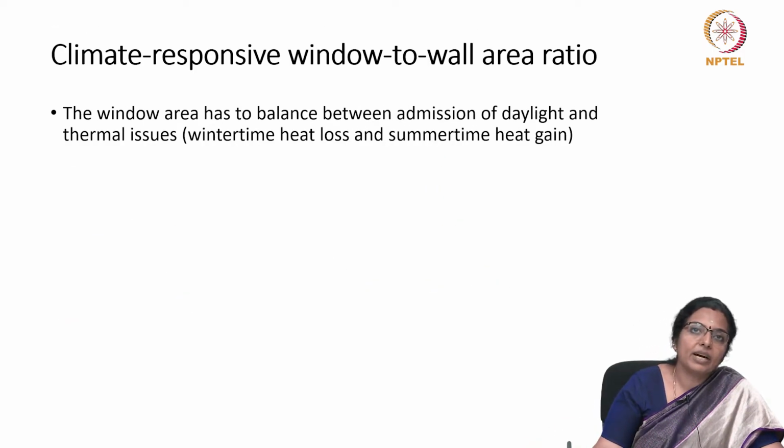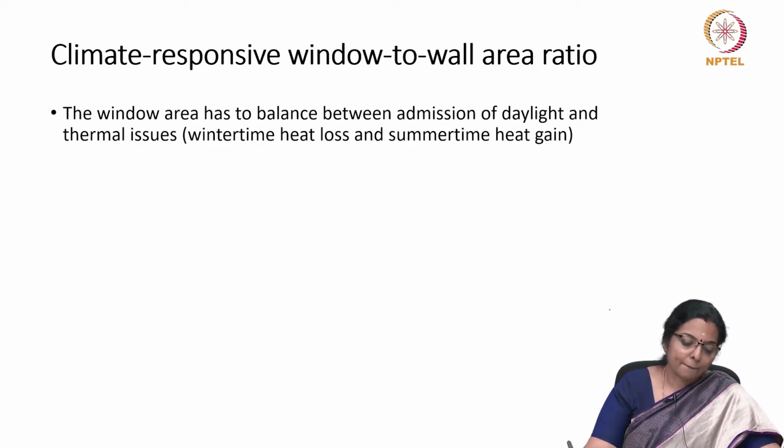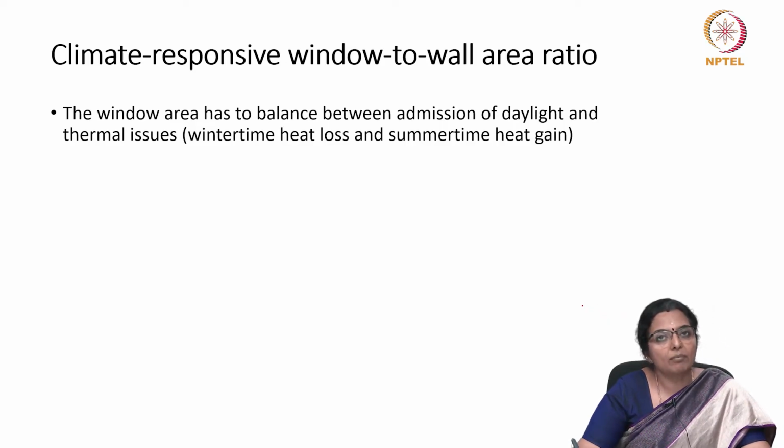Second is climate responsive window to wall area ratio. The window area has to balance between admission of daylight and thermal issues such as winter time heat loss and summer time heat gain. That is something we do not want.